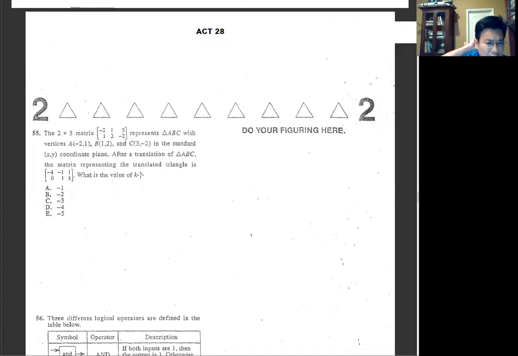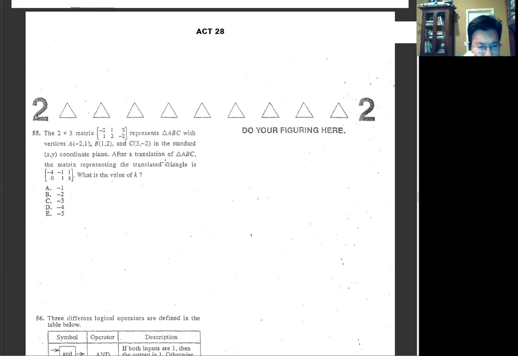What is the value of k? Translating next is translate triangle. Two by three matrix represent ABC with this standard coordinate plane.